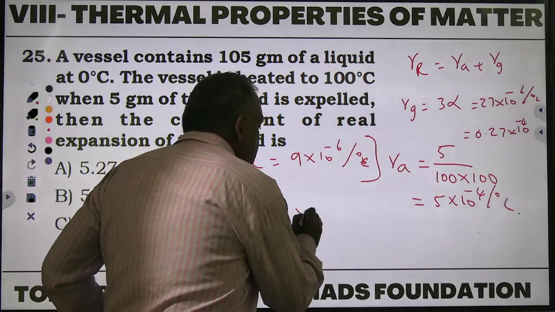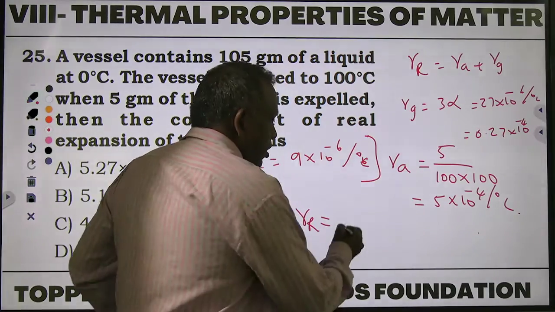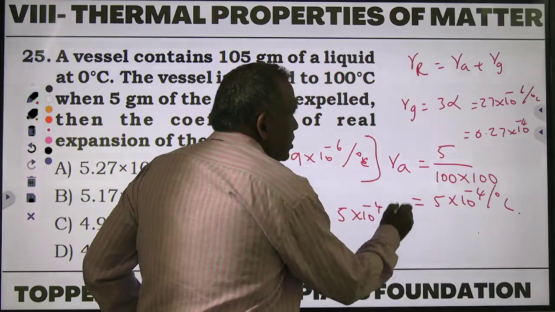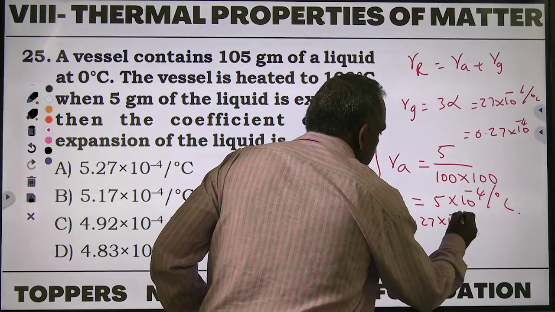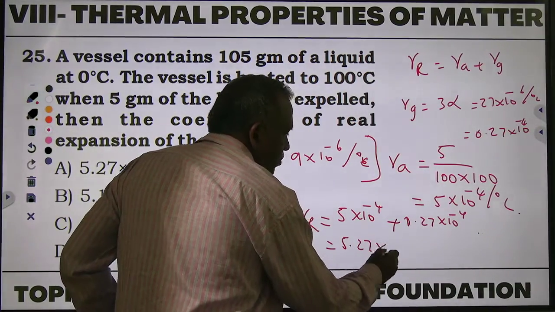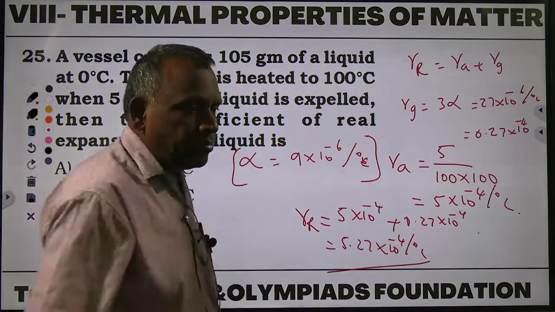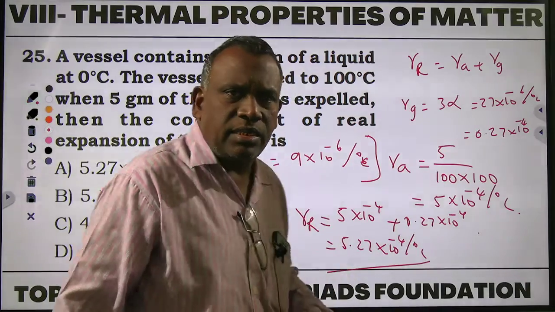Then real expansion of the liquid is gamma A plus gamma G, 5 into 10 power minus 4 plus 0.27 into 10 power minus 4. If you simplify this, 5.27 into 10 power minus 4 per degree centigrade.